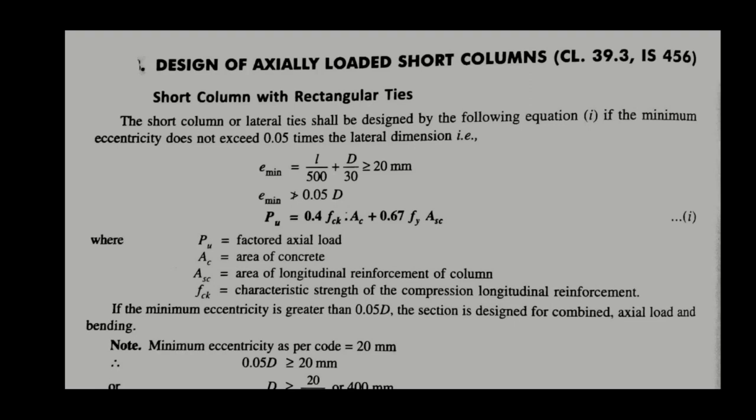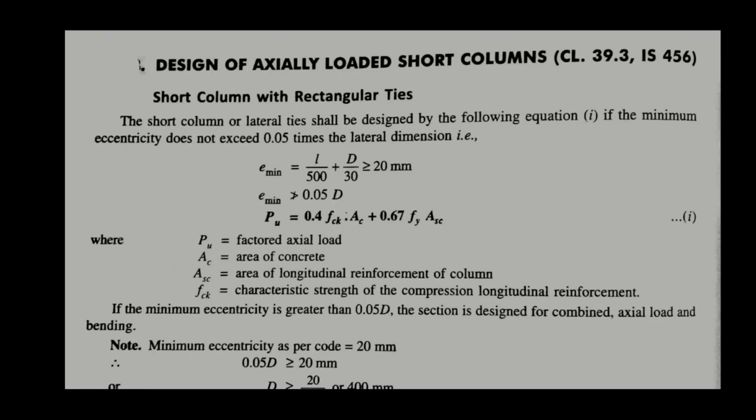After that, Pu equals 0.4 fck into Ac plus 0.67 fy into Asc, which we read out just now in IS 456. Pu is factored axial load, Ac is area of concrete, Asc is area of longitudinal reinforcement of column, fck is characteristic strength of the compression longitudinal reinforcement.